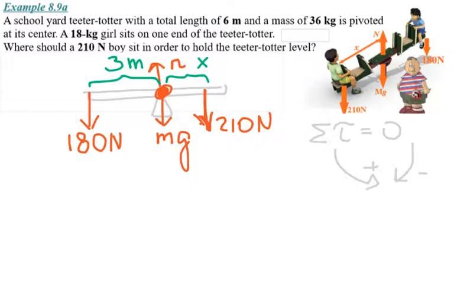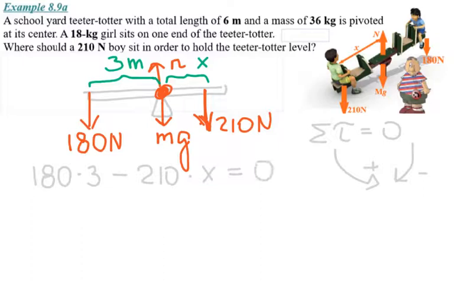So looks like 180 is going to be positive. So I have 180, and the distance from the point of rotation is 3 meters. And the angle is 90 degrees, and then negative 210, because sine of 90 degrees is 1, and then negative 210 times the distance I'm looking for.